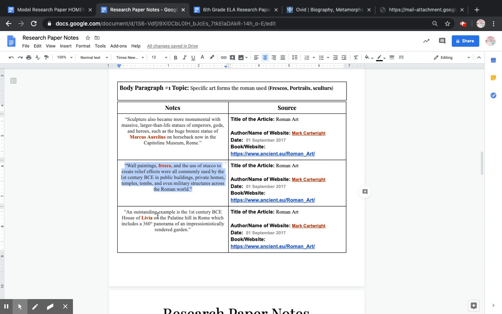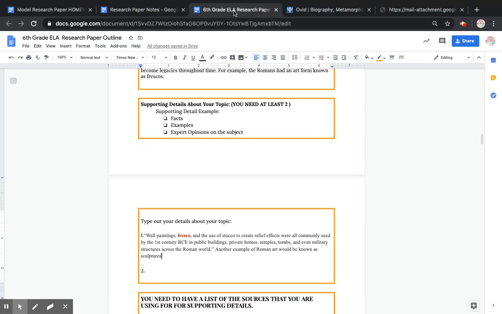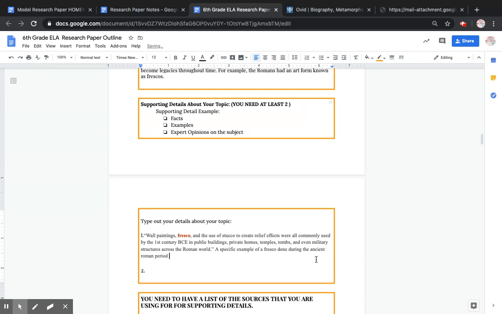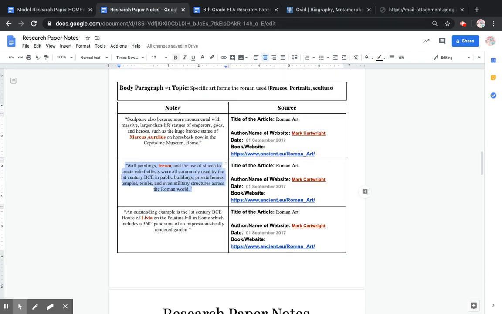But what I could do now that I'm rereading my notes, I have here a specific example of what I'm doing here. So I could put that this is frescoes. I could do a specific example of a fresco done during the ancient Roman period would be known as the, and what was it called in my notes?